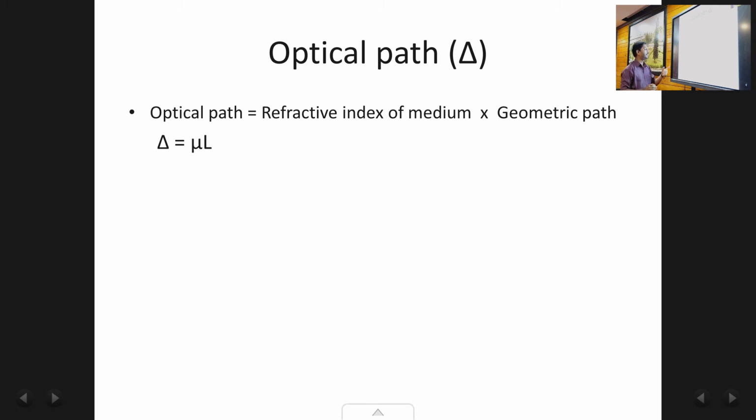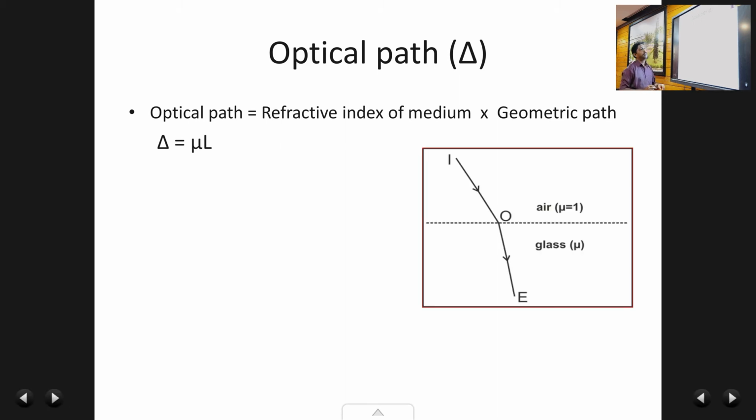Let's try to understand this with the same example which we had seen earlier. This is a ray of light traveling from air to glass. It is traveling a distance IO in air, whereas it is traveling a distance OE in glass. So what is the optical path traveled by the ray IOE? So optical path delta will be the optical path traveled by the ray of light in air plus the optical path traveled by the ray of light in glass.